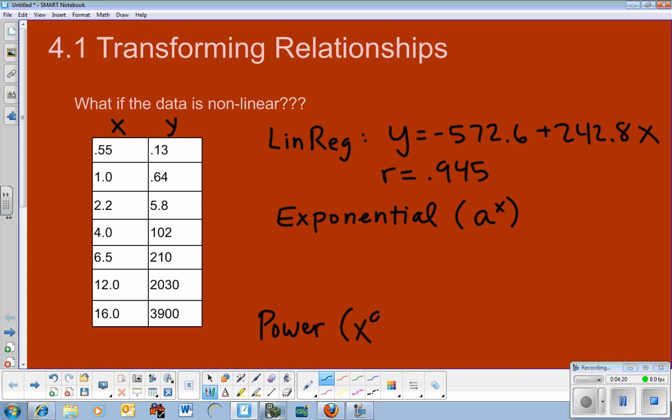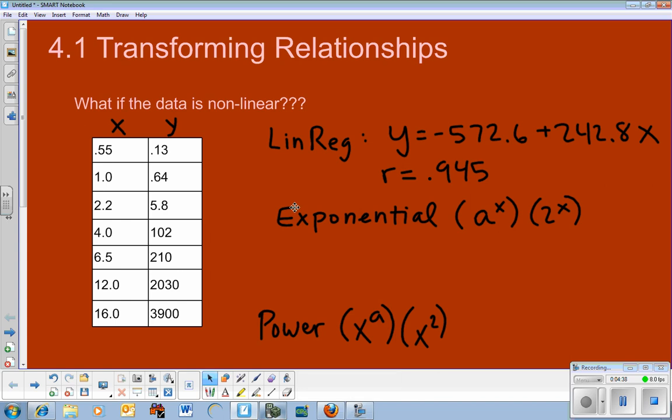Power models are x to the a, where our variable is the base of the exponent, and the power is a certain number. This would be like x squared versus 2 to the x. Exponential would be like 2 to the x. Power would be like x squared. Those are just general examples.